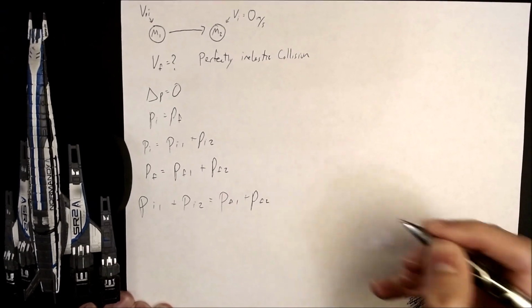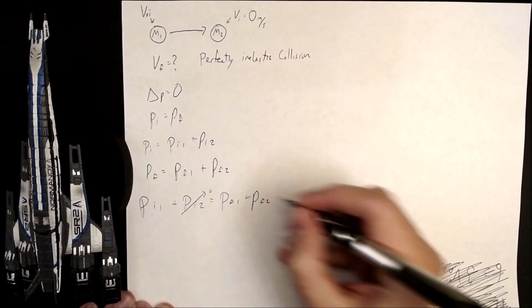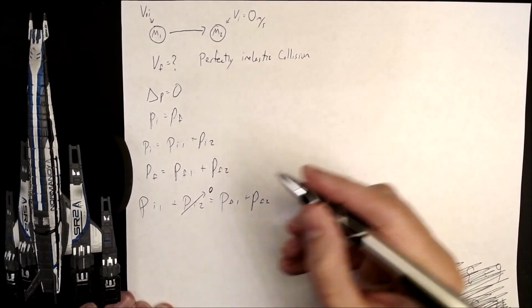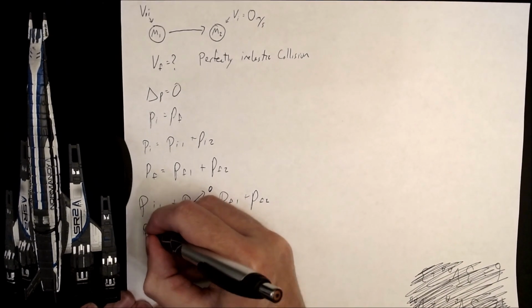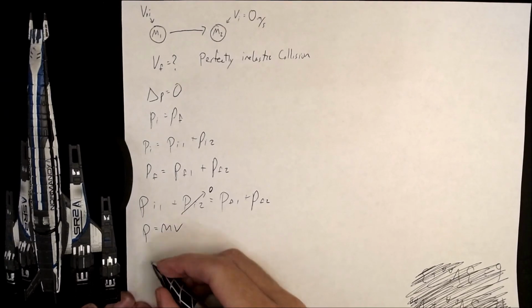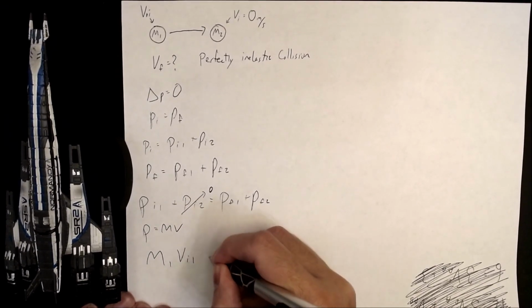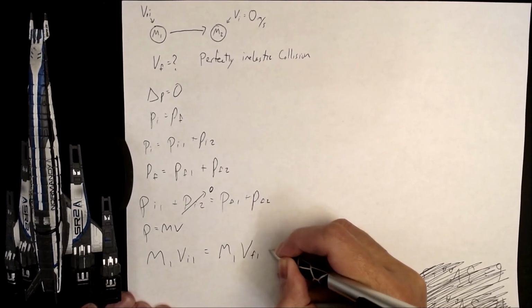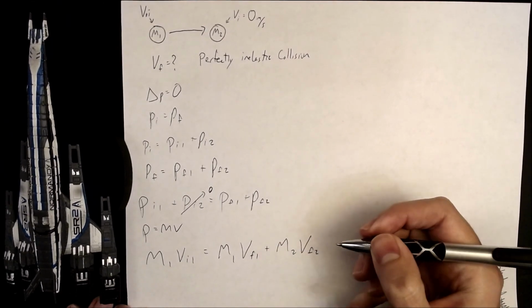P final 2. And M2 is stationary at the beginning, meaning it has no momentum because it has no initial velocity. And then we can plug in our equation that momentum is equal to mv, of course. And so we've got mass 1, velocity initial 1 is equal to mass 1, velocity final 1, plus mass 2, velocity final 2.